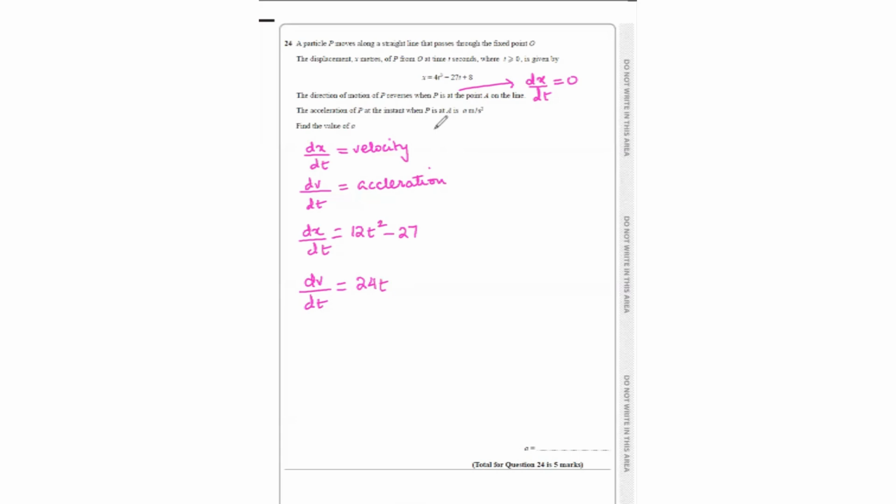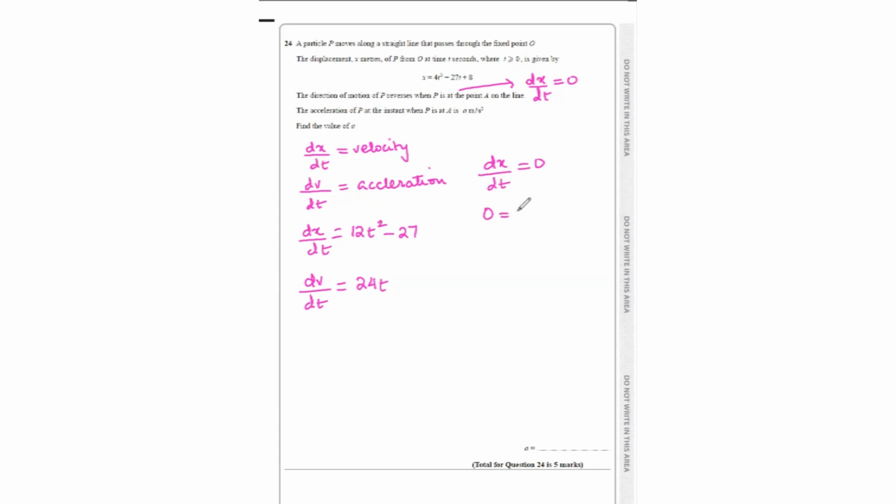Now it said that the direction of the motion of P reverses when P is at point A. So what we do is we put the coordinates of point A. In order to find the coordinates of A, I'm going to first put dx by dt equals 0, because that's when your motion is reversing.